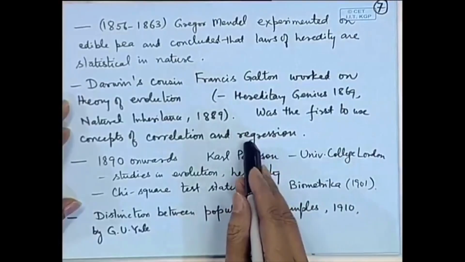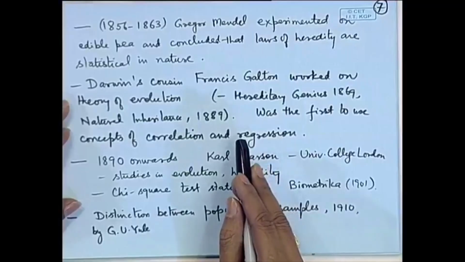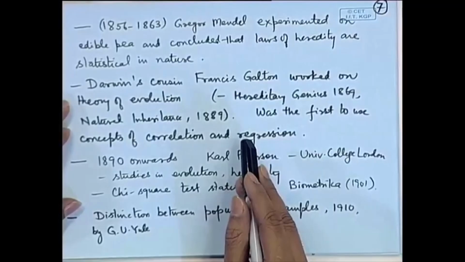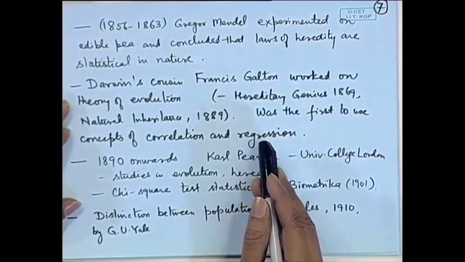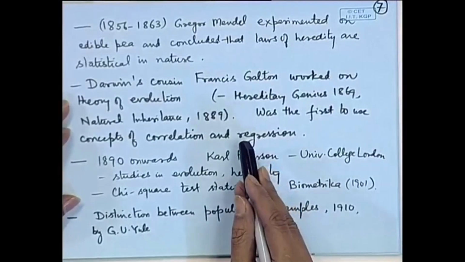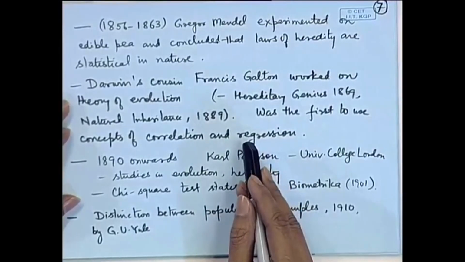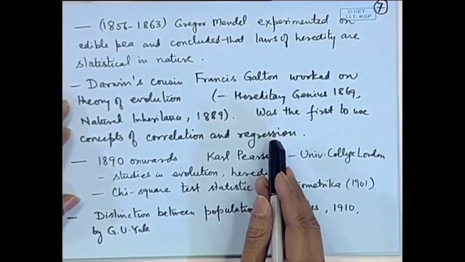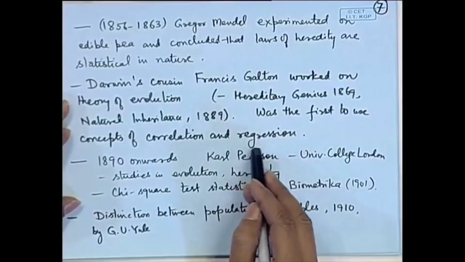One of his famous findings is that the children of taller parents are tall, but less tall than their fathers. And again, the children of shorter parents are short, but taller than their parents. He termed this regression towards normality.